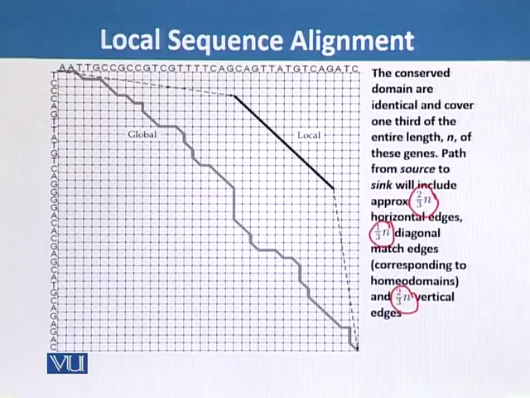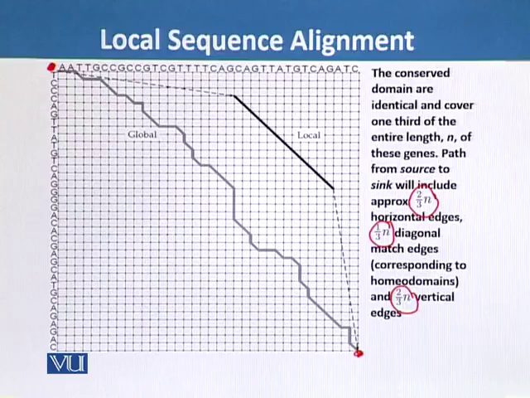In this graphical representation, the gray line shows the global sequence alignment. It starts from the source and ends at the sink, and we consider the whole sequence of the two genes from start to end.